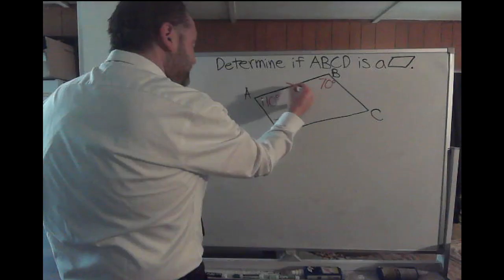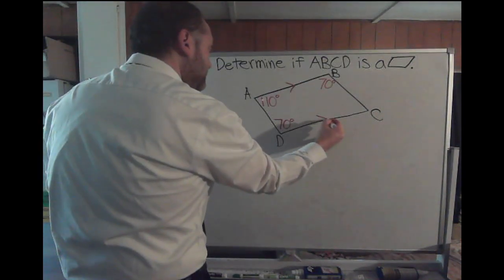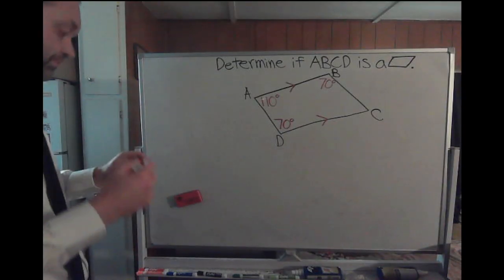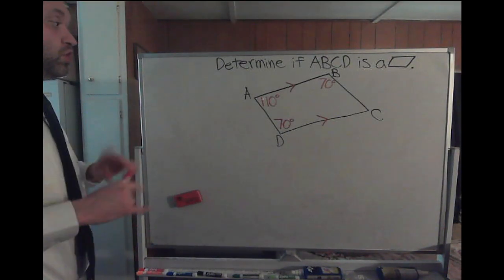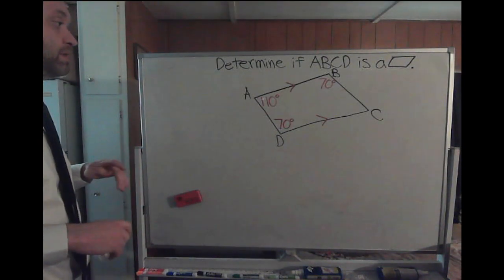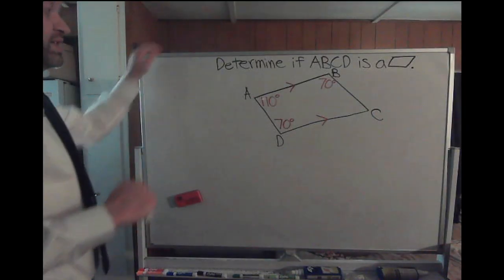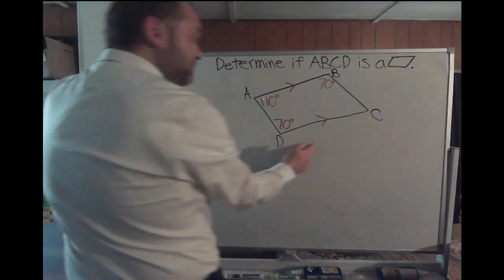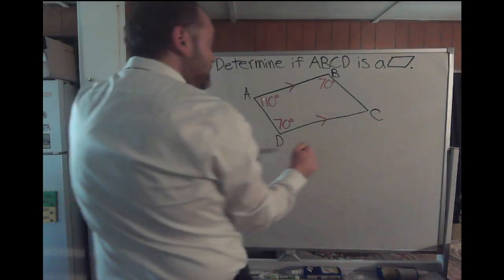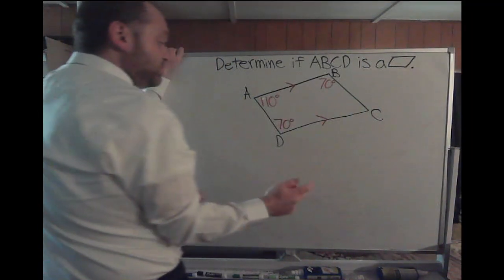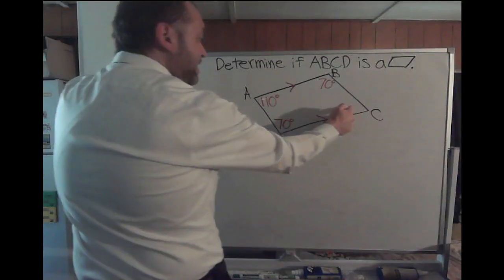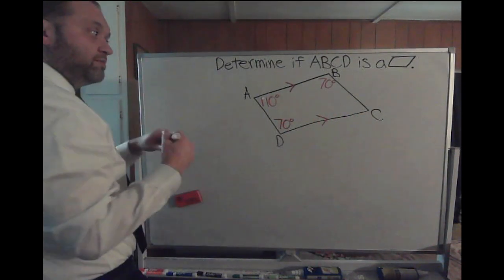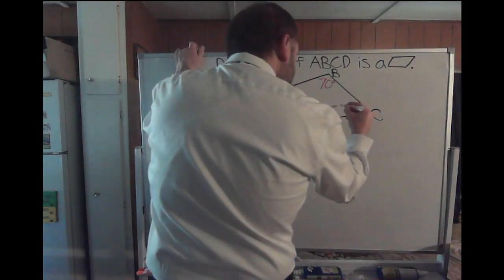So now we have identified that AB is parallel to CD, which would in turn enable us to determine angle C. If AB is parallel to CD, which we now know, that means BC is the transversal, and the same side interior angle C would be supplementary to 70. If you subtract 70 from 180, you get that angle C is 110.